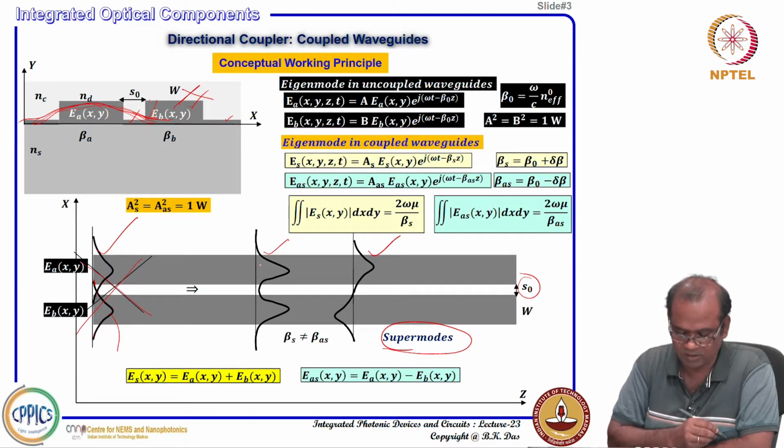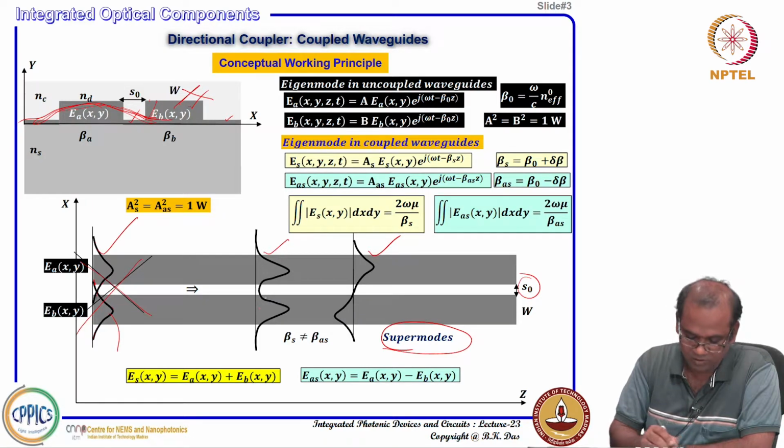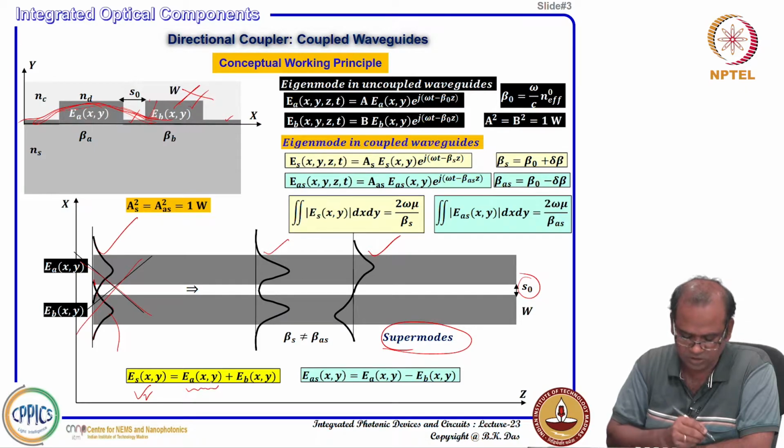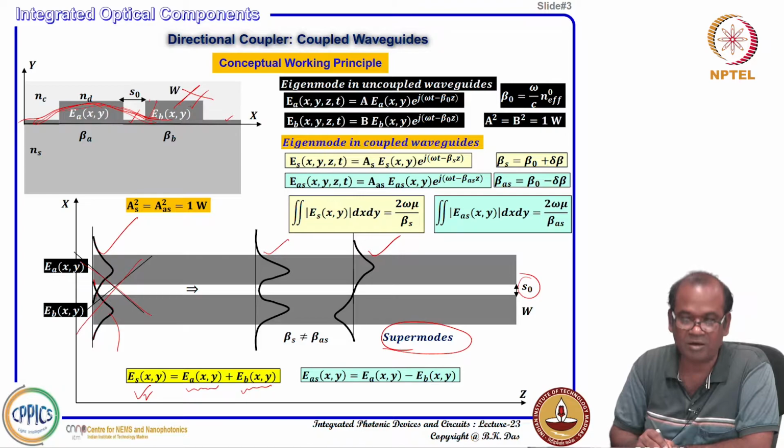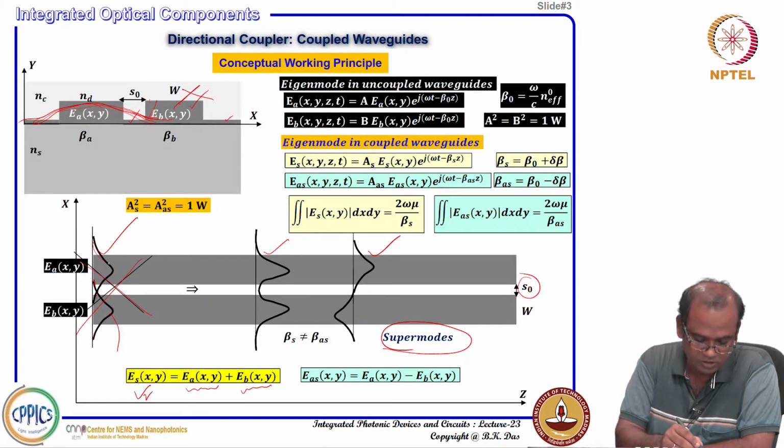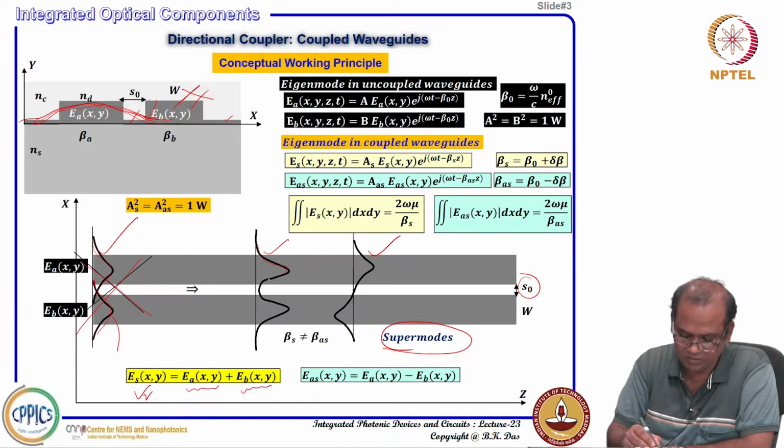How are these super modes constructed? One is called the symmetric super mode, that is the field distribution for waveguide A and the field distribution for waveguide B, in linear combination. That is simple superposition. And if you do this, adding the field amplitudes here, for example, you will get this type of shape, that is called the symmetric super mode.